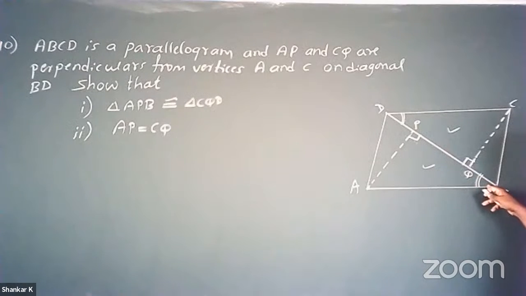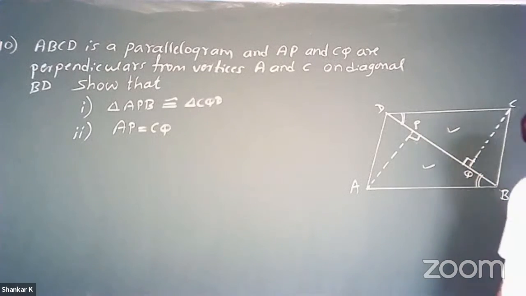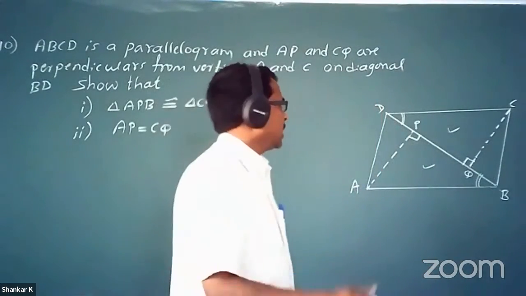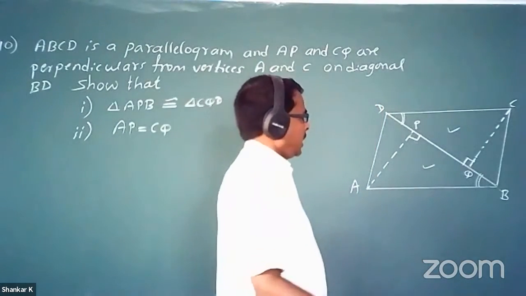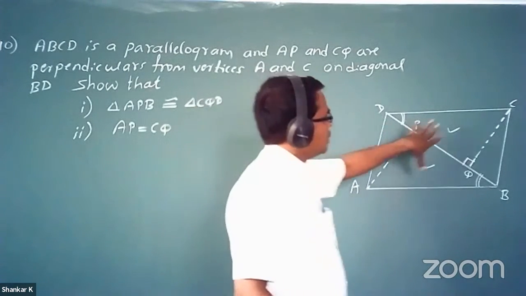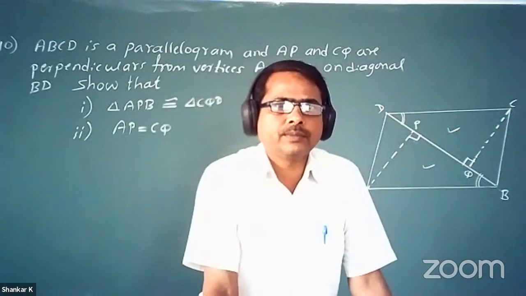Why? Alternate angles. So by AAS, both the triangles are congruent. If both the triangles are congruent, corresponding parts are equal. AP equals CQ.